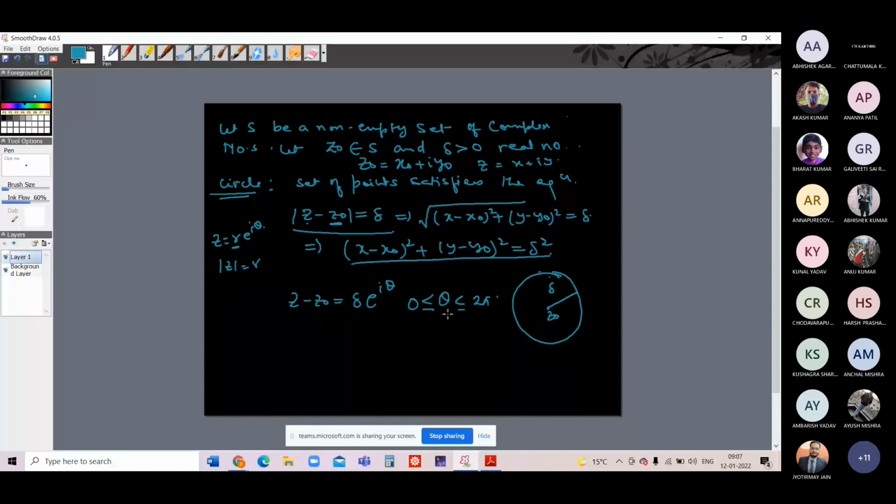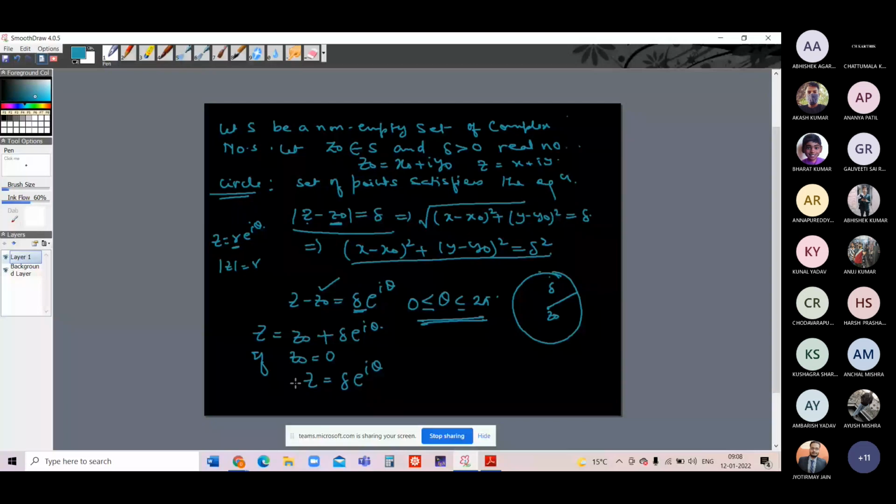So the polar equation of the circle whose center is z naught and radius is delta can be written as z is equal to z naught plus delta e to the i theta, where theta lies between 0 to 2 pi, and theta always lies in the counterclockwise direction; the positive direction will be anticlockwise. And if this z naught is 0, the polar equation for the circle will be z equal to delta e to the i theta.